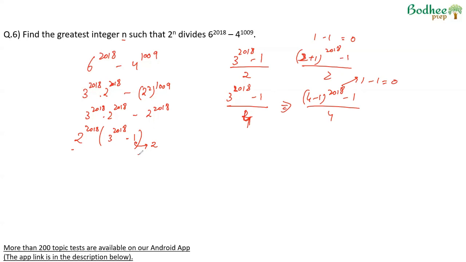So divisible by 4, another 2. If we check with 8, this becomes 9 raised to power 1009, squaring 3, so 1009 is left. This is nothing but 8 plus 1 raised to power 1009 minus 1. From here we get a remainder of plus 1, from here minus 1. So overall remainder is 0. This is also divisible by 8.